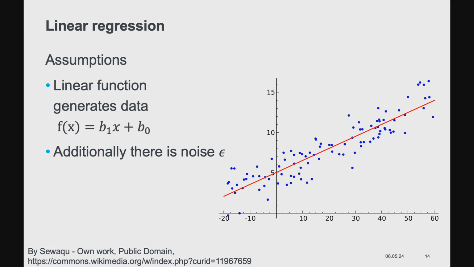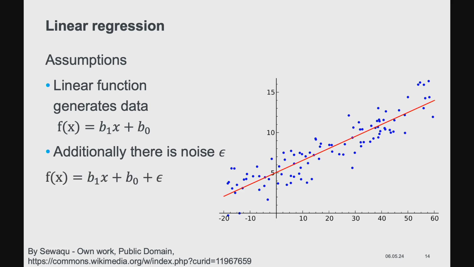Now, given these assumptions about the noise, for example, the noise that is assumed in linear regression is supposed to be centered at my function. So the epsilon that I add has an expected value of 0. And I assume that it's normally distributed. So most of the noise will be close to the bar, very small, and there will be very little noise that is far away.